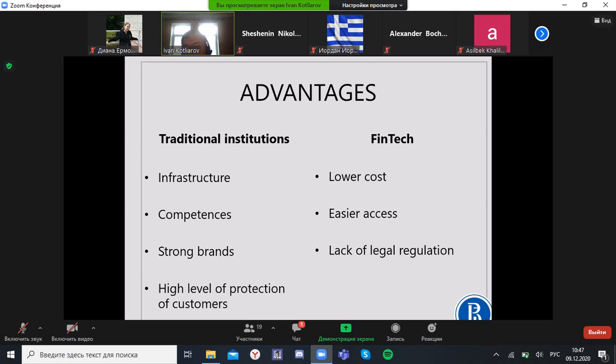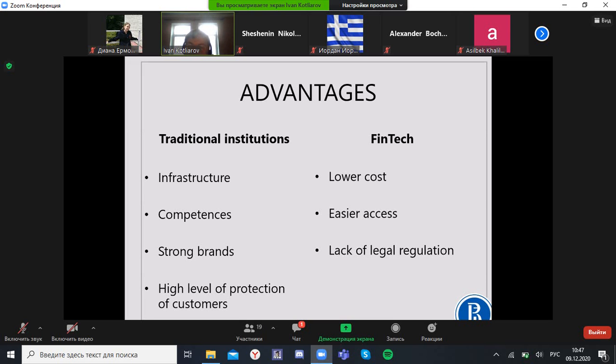Obviously, thanks to their long history, traditional institutions have a huge level of competences in the field of finance. They have strong brands. As you know, traditional banks, traditional insurance companies, etc., have strong brands which help them to enjoy a high level of loyalty and high level of protection of customers. Okay, ladies and gentlemen, despite that the financial institutions do not care about customers, they care only about profits, still they provide a high level of protection of customers due to the very strict regulation.